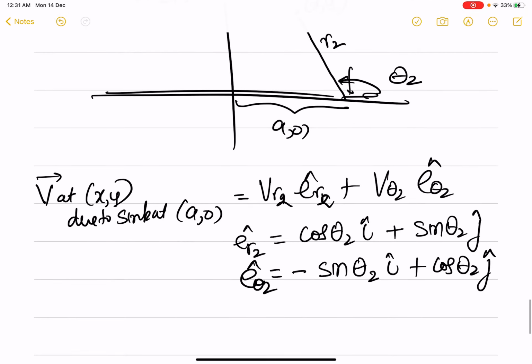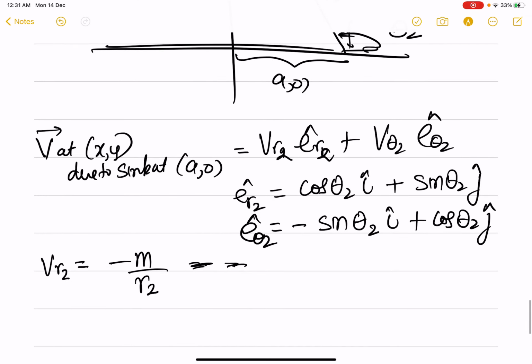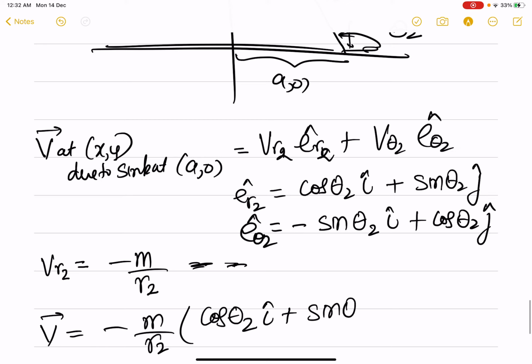And for this particular case, we know VR2 is equal to minus m by R2. So the velocity will be equal to minus m by R2 times ER2, so it's cos theta 2 i plus sin theta 2 j.